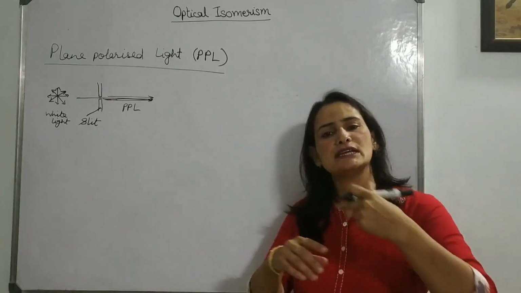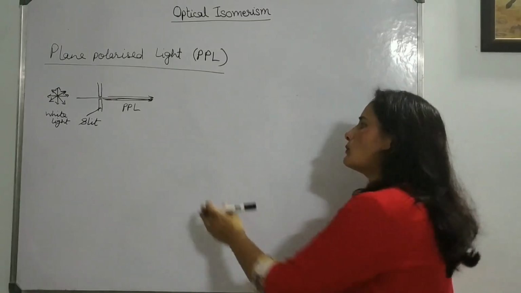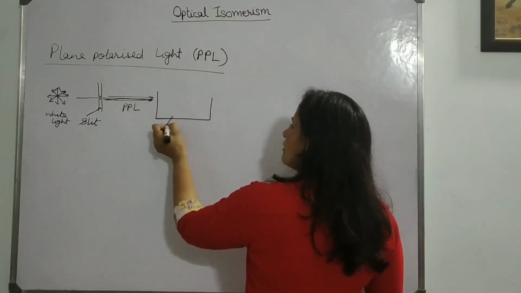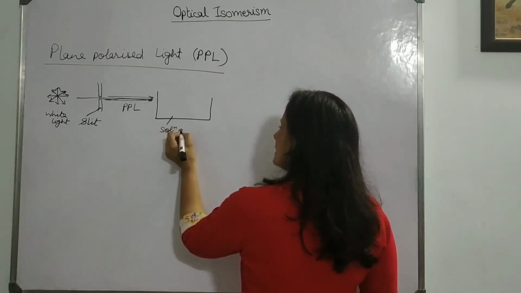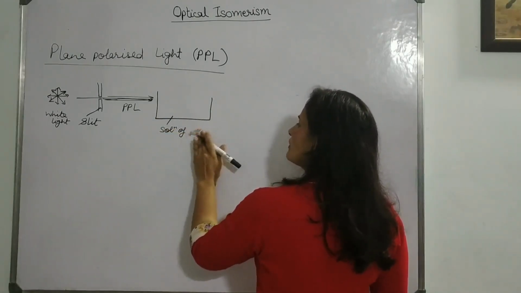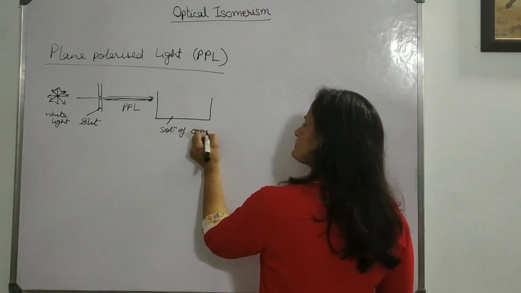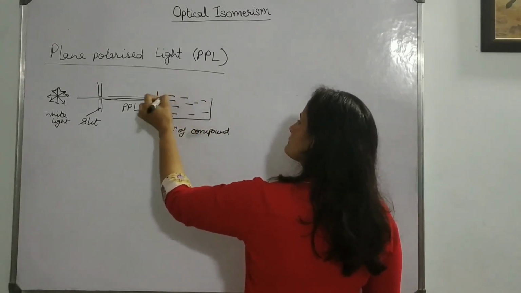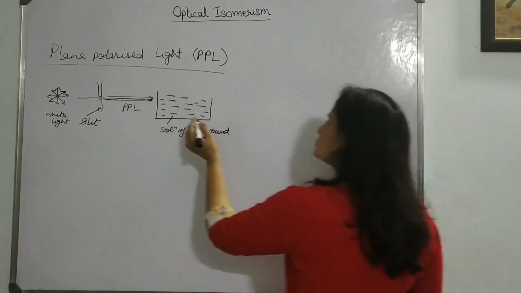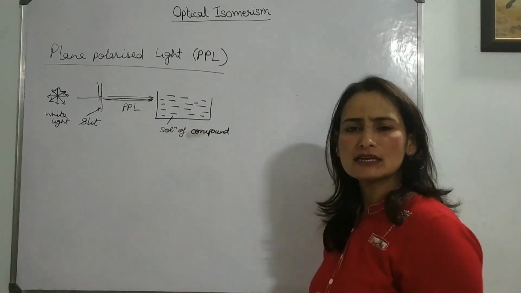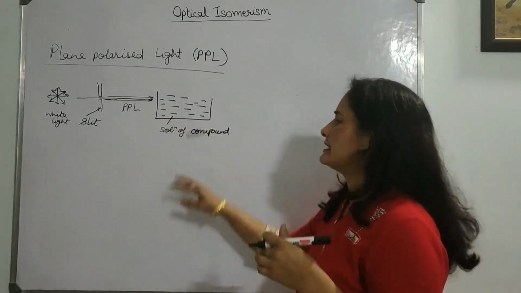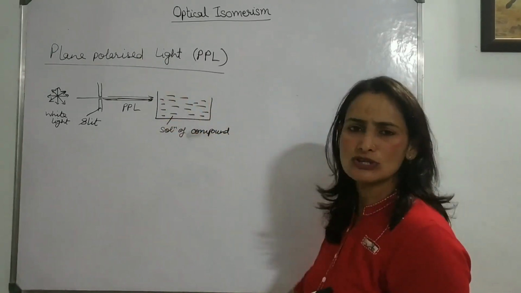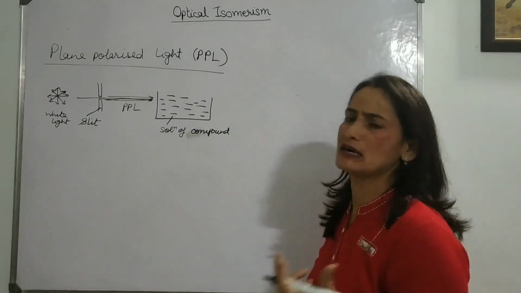When a PPL is allowed to pass through the solution of an optically active compound, and this compound is able to rotate the PPL either clockwise or anti-clockwise, then we say that the compound present in the solution is able to show optical isomerism.